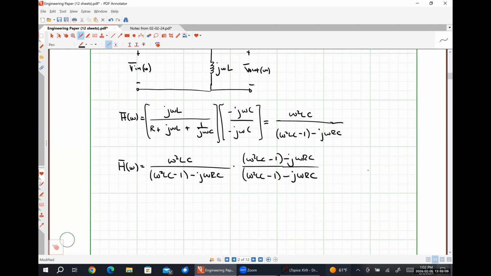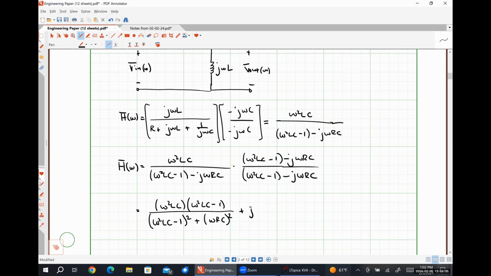And in doing so, I wind up getting omega squared LC times omega squared LC minus 1 divided by omega squared LC minus 1 squared plus omega RC quantity squared.